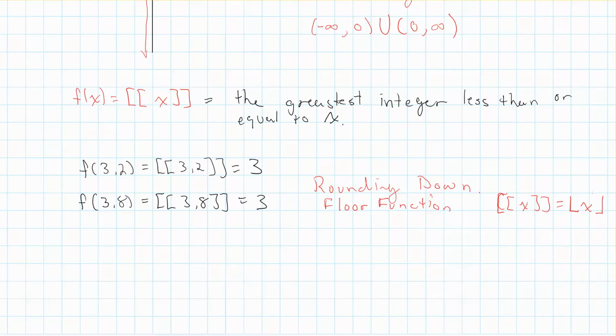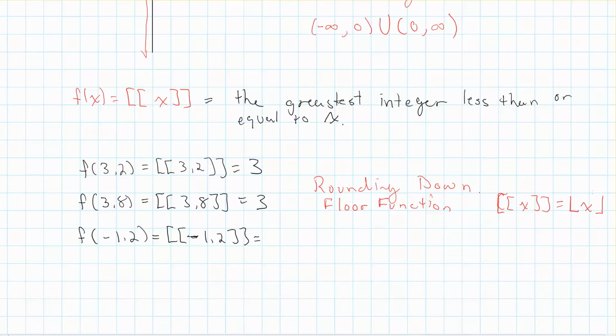Now, before we look at the graph of this, you could look at f at negative 1.2. Positive numbers people typically do okay with. It's the negative numbers that people mess up on. And this is why I say thinking of it just as truncating a decimal is wrong, because if you truncate the decimal here, you get -1, but that's the wrong answer.